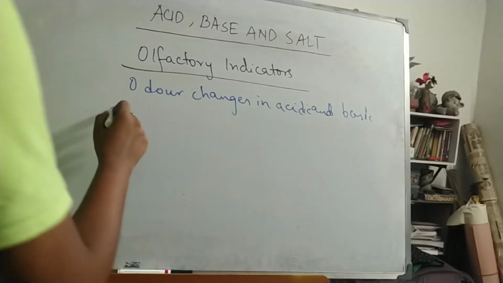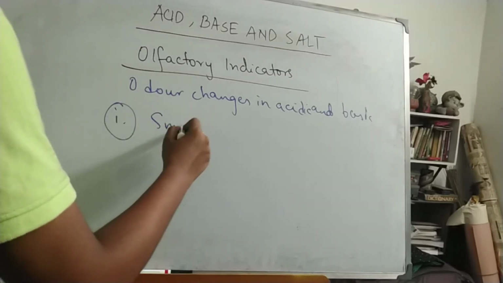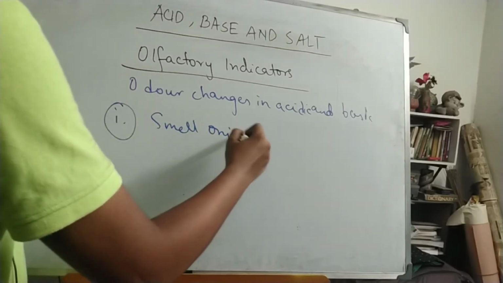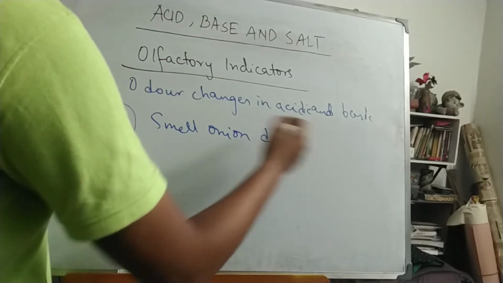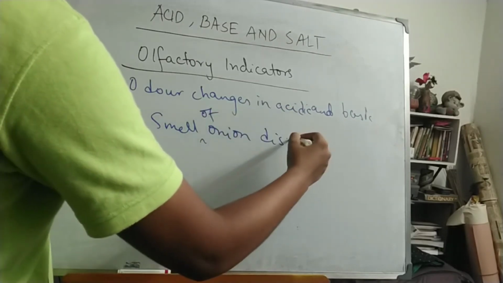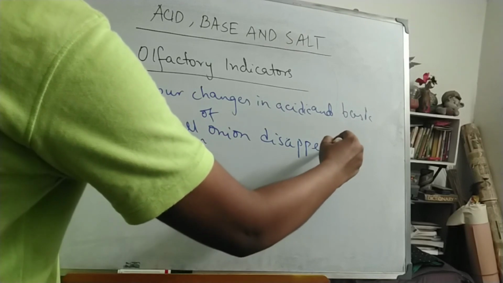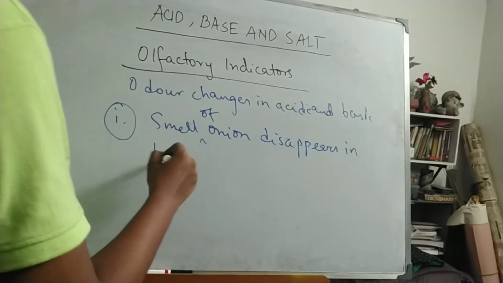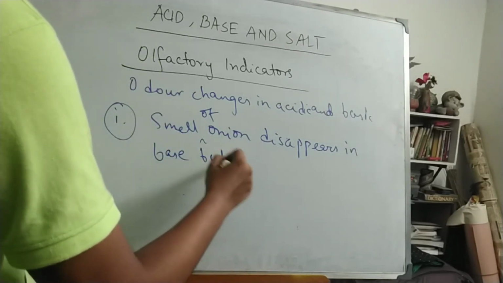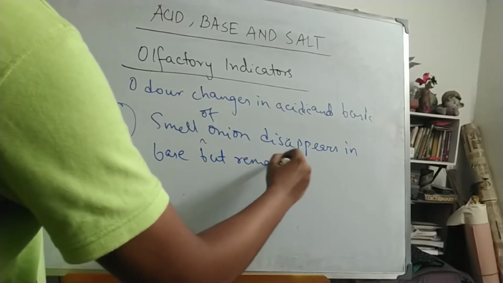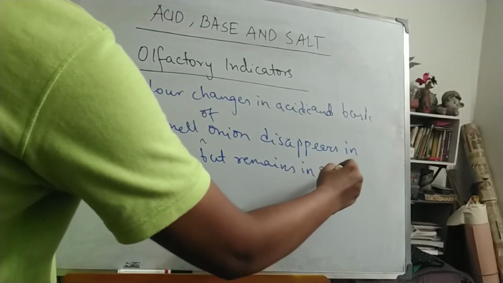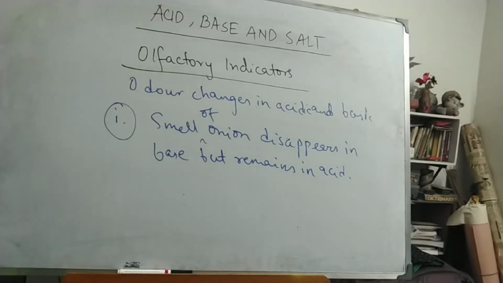Suppose I give you one example: the smell of onion disappears in base but remains in acid. This is one example of olfactory indicators.